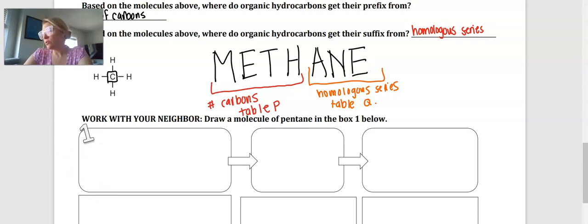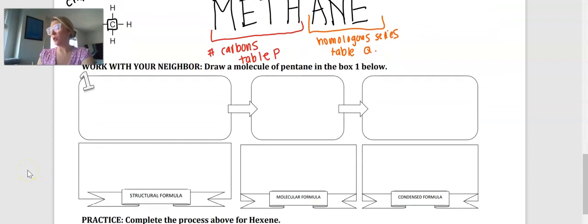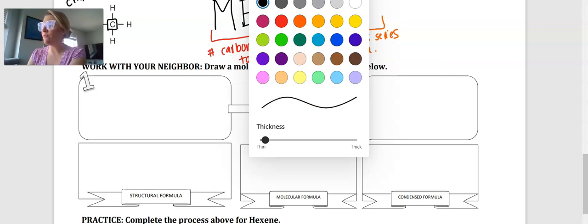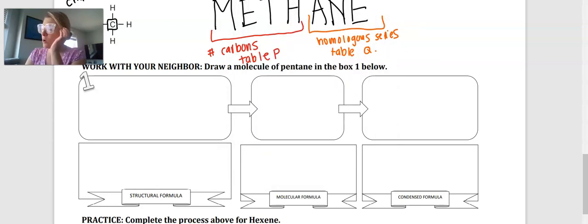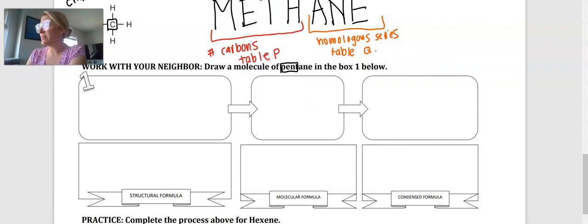So what I'd like us to do is draw a molecule of pentane in the box below. When we are going from a name to a formula, we still want to break that name down and identify what types of bonds we're seeing and how many carbons we're going to have. So pent, P-E-N-T, tells us that we are going to have 5 carbons. Let's go ahead and do this in a different color.